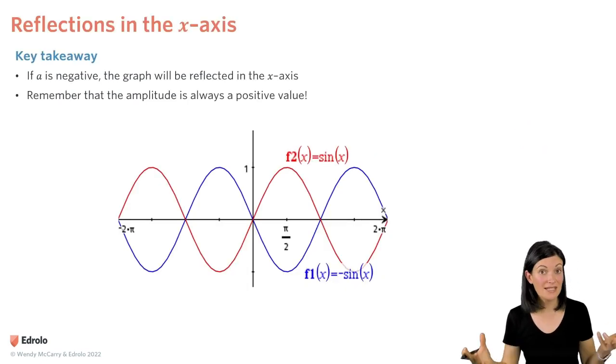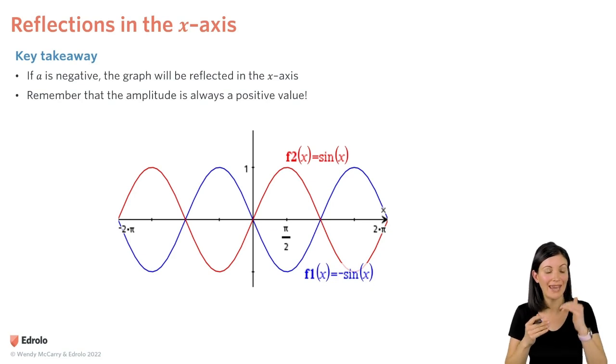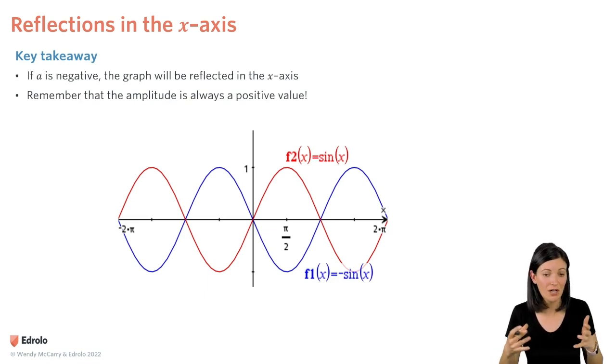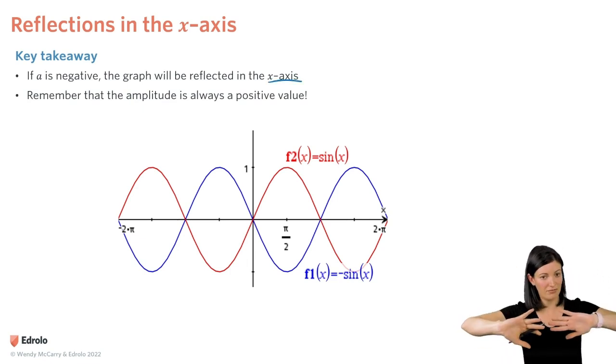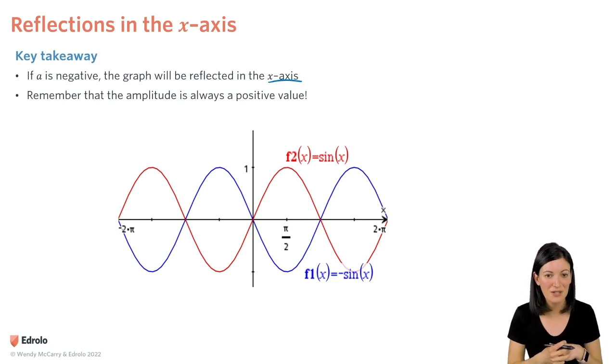All right. So the next thing that we're going to look at is what happens when the value of a is negative. And just like all of your other functions that you've looked at so far, if a is negative, that is a reflection in the x-axis. So it's sort of like flipped. These are from the CAS calculator.